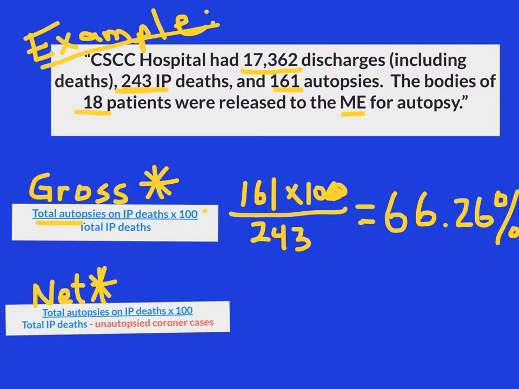Now let's go ahead and take a look at this net calculation. So remember, our numerators are the same, total autopsies on inpatient deaths times 100.